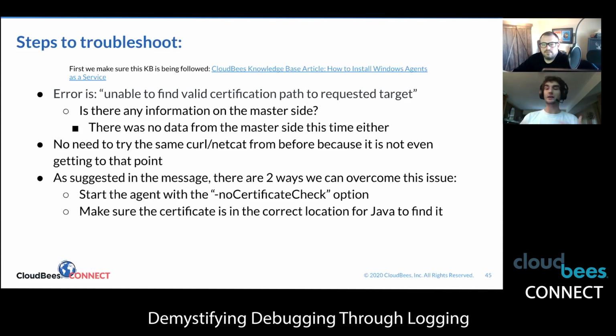But this is a convenient way to initially skip past this point so that you can do the more full resolution, which might be a little bit more involved. And then the other fix is to make sure that the certificate is in the correct location that says this is a known good certificate inside of Java, such that when the connection happens, that connection doesn't get rejected. So let's go on to the next slide.